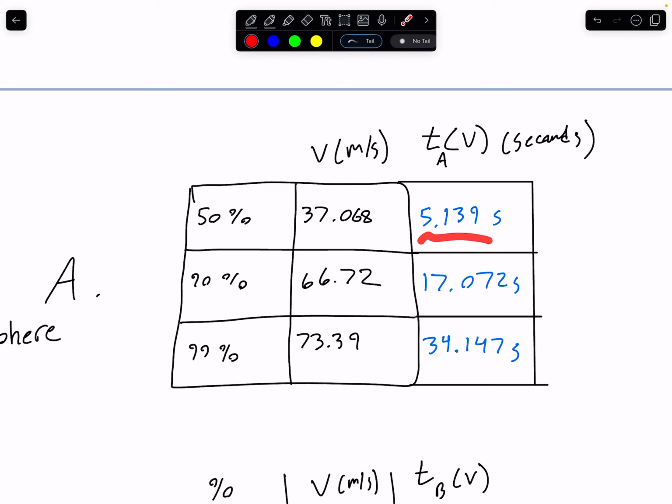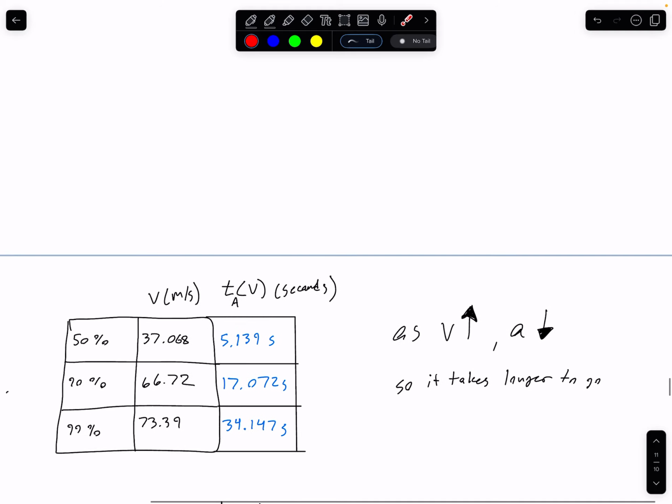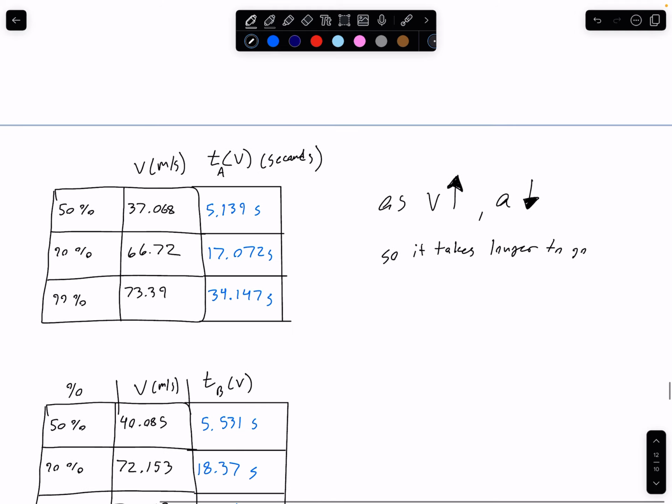It takes 12 seconds to go the next 40%, when it only took 5 seconds to go the original 50%. And then just to go 9% further to 99%, it takes double the time it takes to reach 90%.